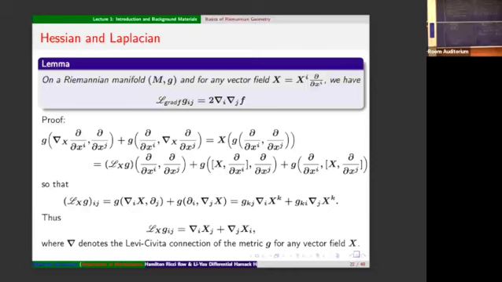I just want to take a specific example of this x, if x is given as the gradient of a function. So I can have this Lie derivative of g in the direction of this vector, and the theorem says that this is just two times the Hessian of function f, where f is a smooth function on M.